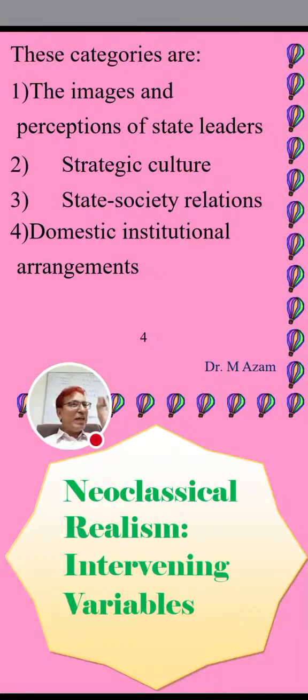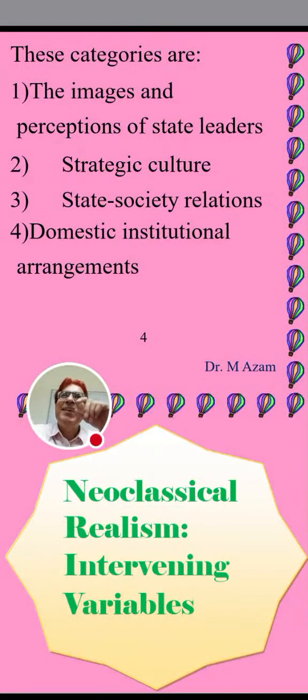Similarly, we have an image of the United Nations and of the IMF. But do you think a British or an American would have the same image of these entities that we have?